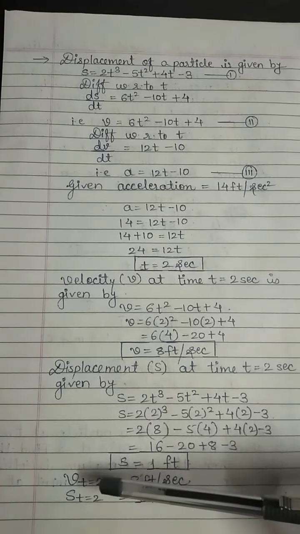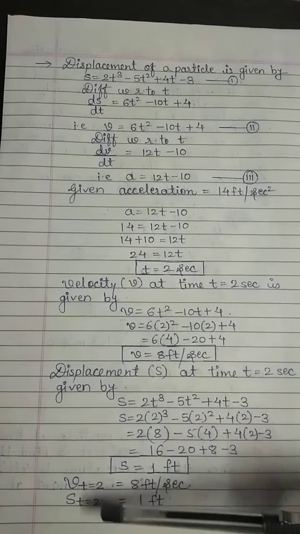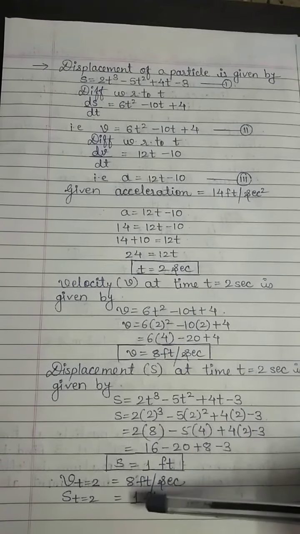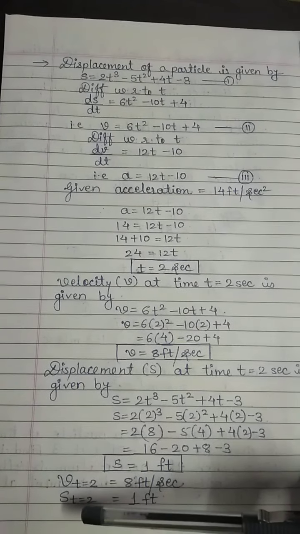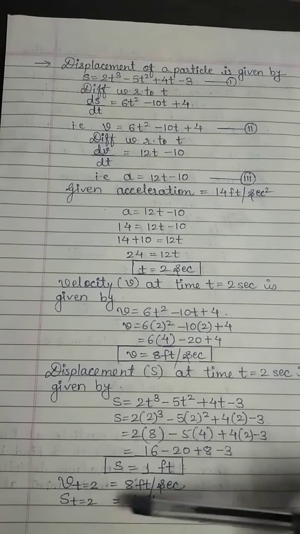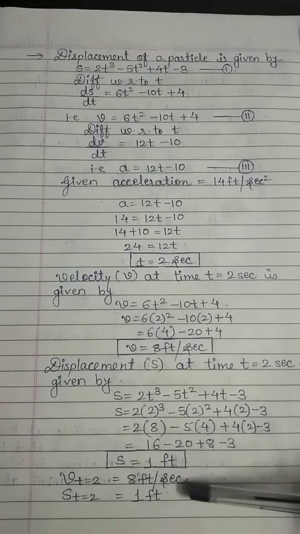Therefore we can say that velocity at time t = 2 seconds is 8 feet per second, whereas the displacement at time t = 2 seconds is equal to 1 feet.